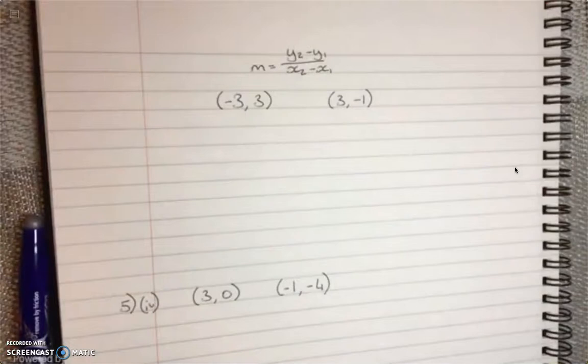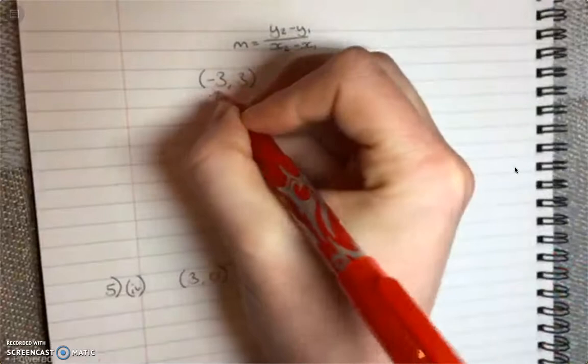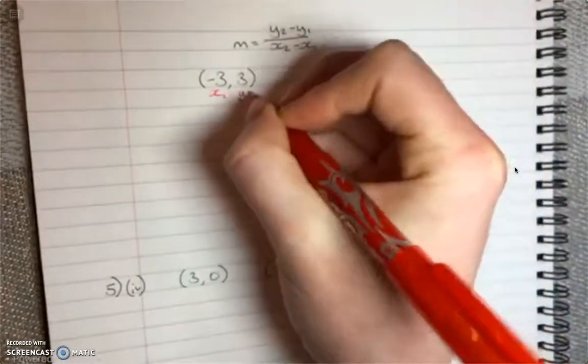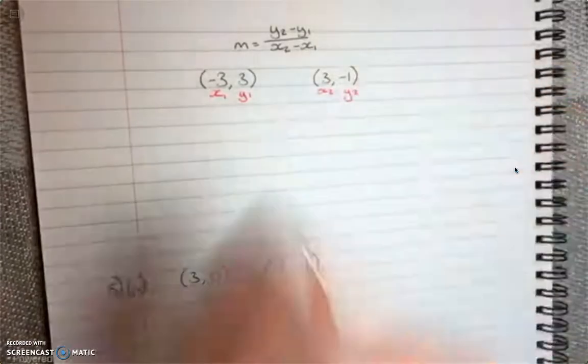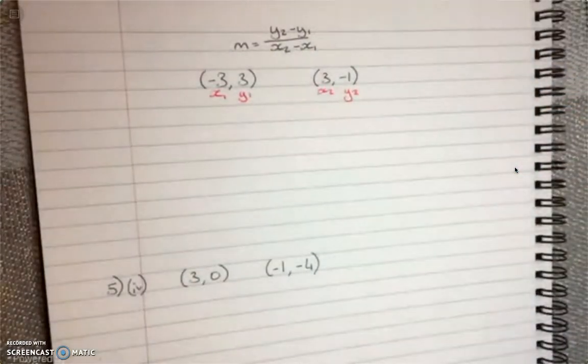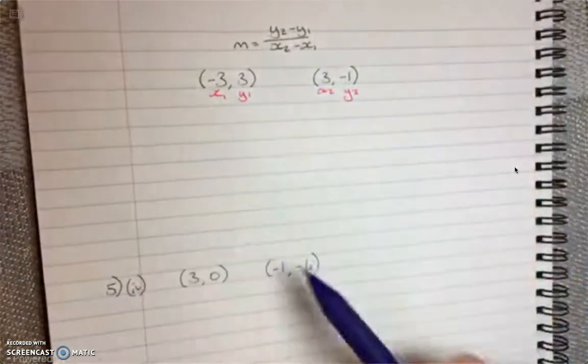So these were the points, and this is your formula. As usual, we've labeled our points. This is my x1, this is my y1, this is my x2, this is my y2. By now you should be getting pretty comfortable substituting the points in. The only difference throughout is which formula to use.